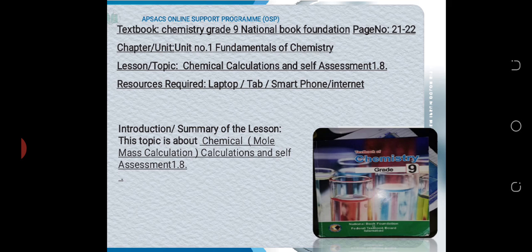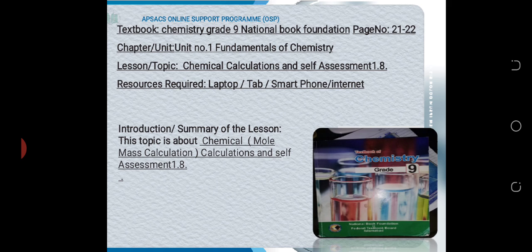Page number of your textbook is 21 to 22. Chapter and Unit Number 1, Fundamentals of Chemistry. Lesson and topic is Chemical Calculations and Self Assessment 1.8. Resources required are laptop, tab, smartphone, internet.